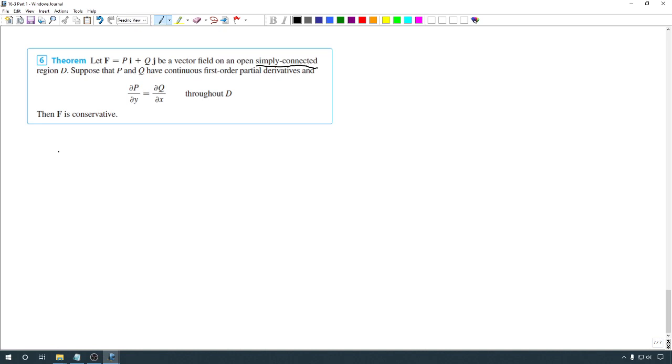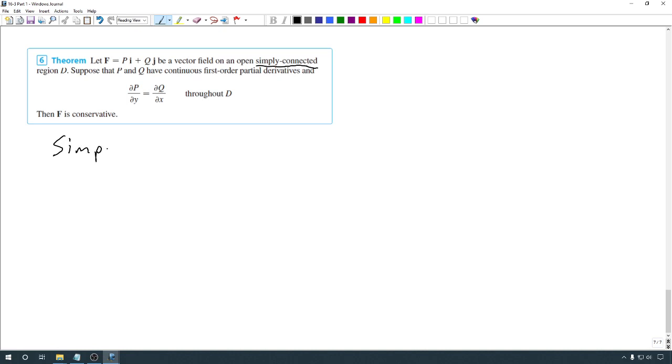Well, a simply connected region, first of all, has to be connected. If we have any two points in that region, they have to be able to be connected by a curve. But simply connected is slightly more than that. Simply connected also requires that we don't have any holes in our region.